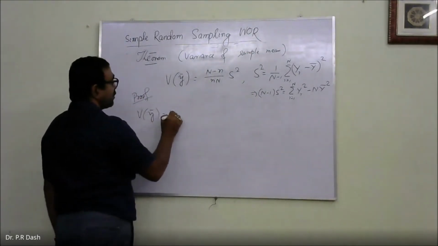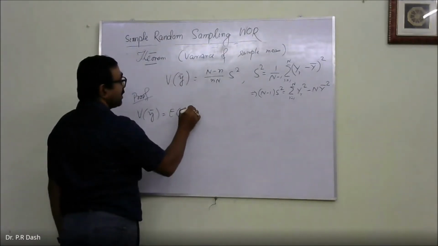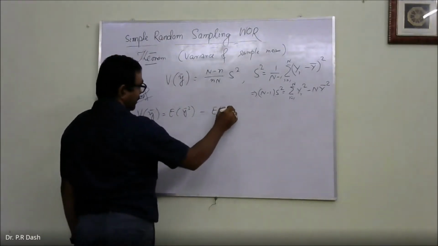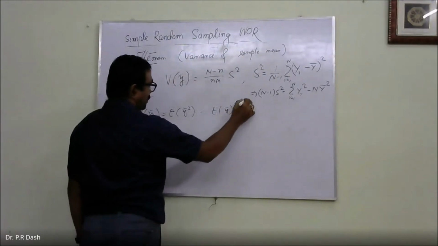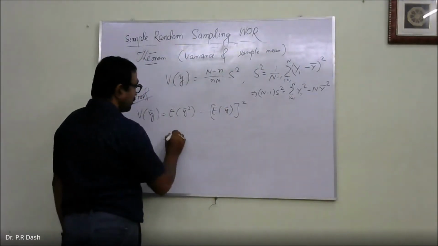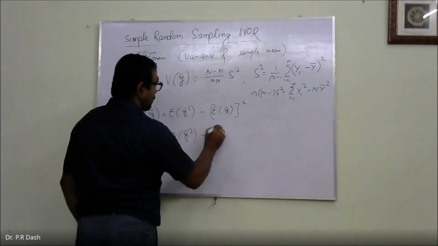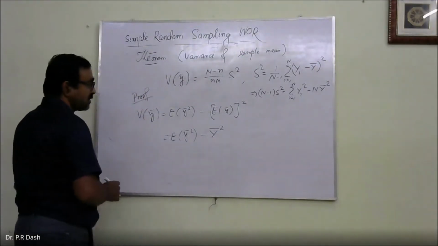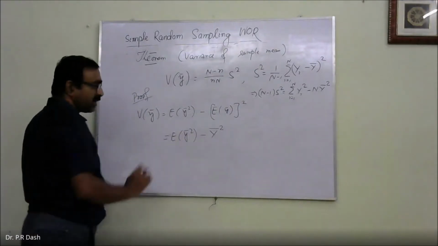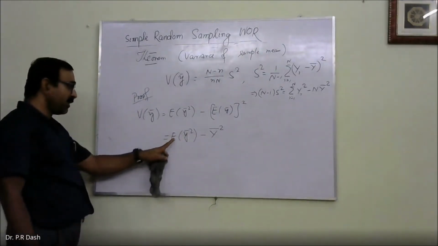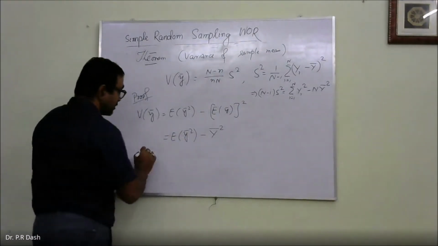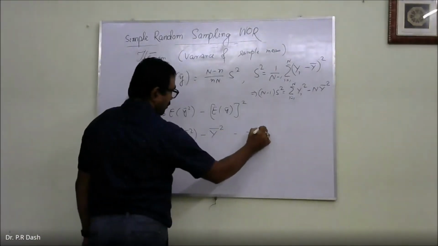Variance of y bar equal to expectation of y bar square minus expectation of y bar whole square. That is equal to expectation of y bar square minus capital Y bar square, since expectation of small y bar equal to capital Y bar. Now we find the expectation of small y bar square. This is equation 1.